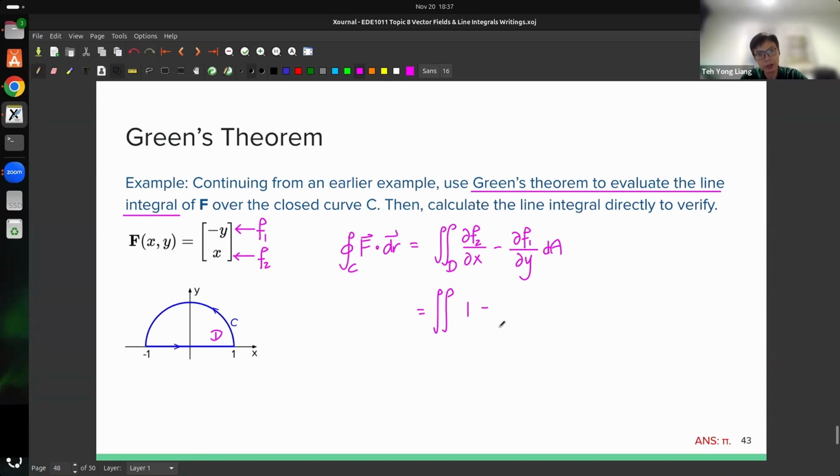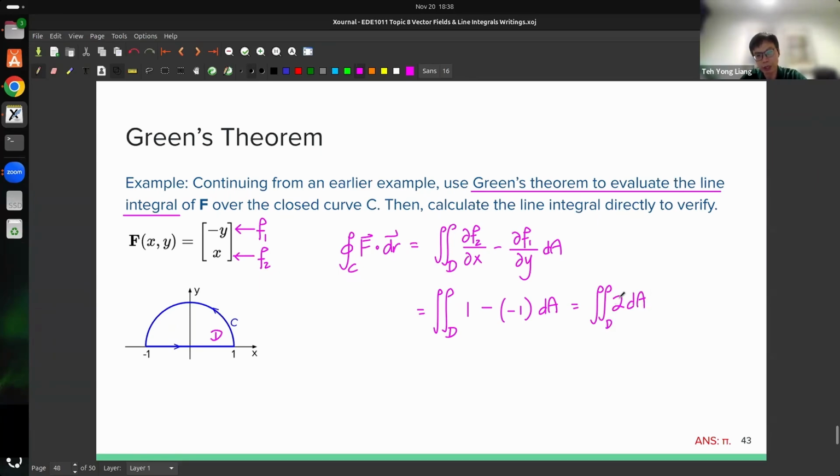Minus del F1 del Y is minus 1. So 1 minus minus 1. Just differentiate F2, which is X, with respect to X, get 1. Differentiate minus Y with respect to Y, get minus 1. So 1 minus minus 1. Then this is just the integral of 2 dA over the region D.